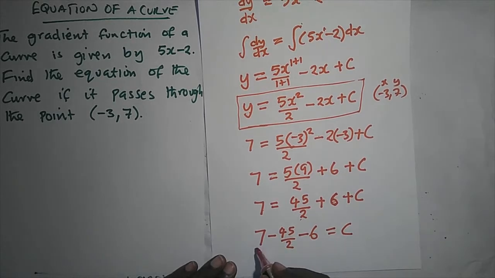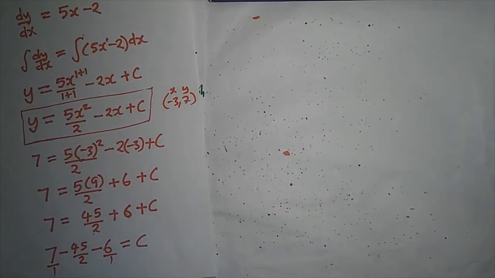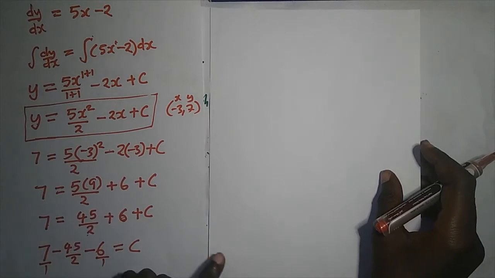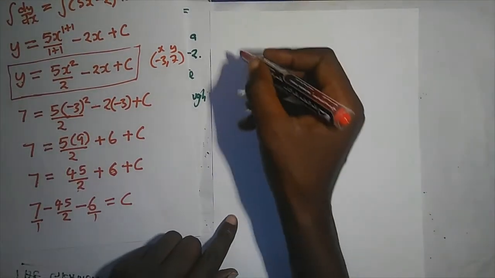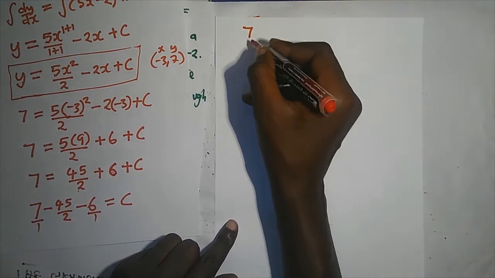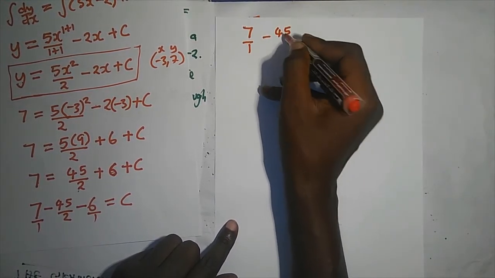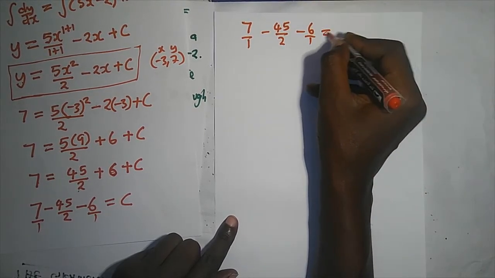You write this one as a fraction, and this one as a fraction too. Then we find the common denominator and solve. So here we have 7 over 1 minus 45 over 2 minus 6 over 1 is equal to c.